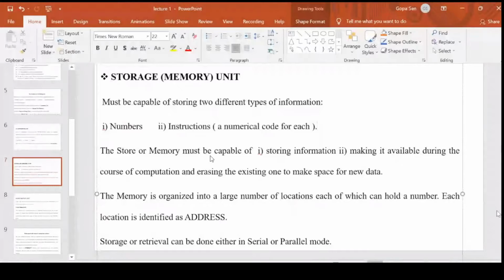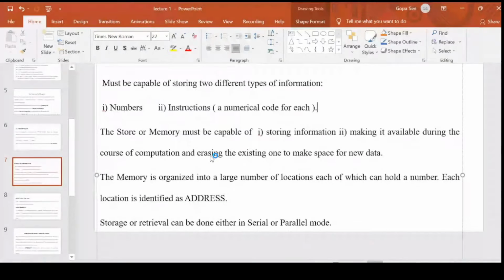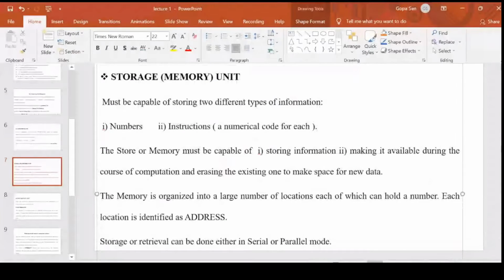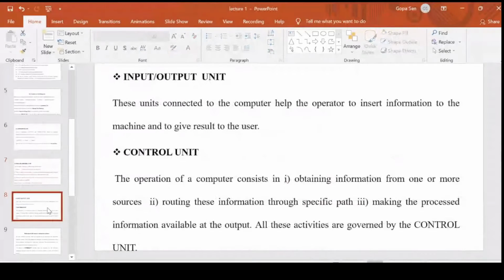Now, the information which will be stored in or retrieved from the memory can be stored or retrieved either serially or parallelly. Clear? Understood? Basic idea understood?